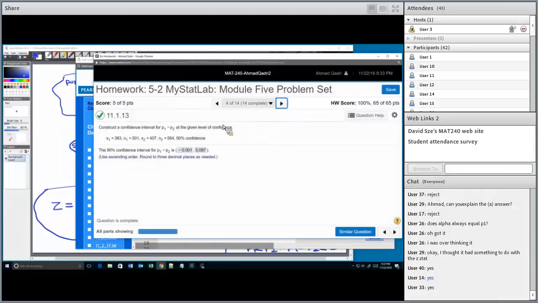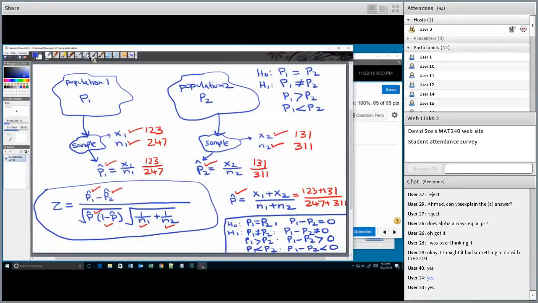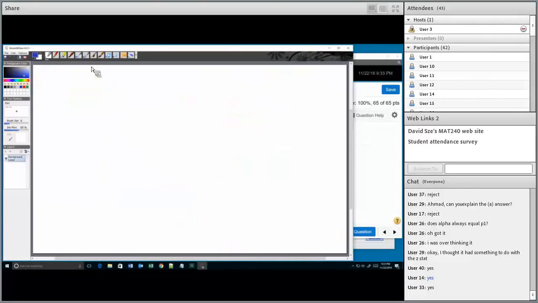Okay, now they want you to construct a confidence interval for P1 minus P2. So instead of doing a hypothesis test, now they want you to calculate the confidence interval. And so what I'm going to do is erase this, and show you how StatCrunch will do this.